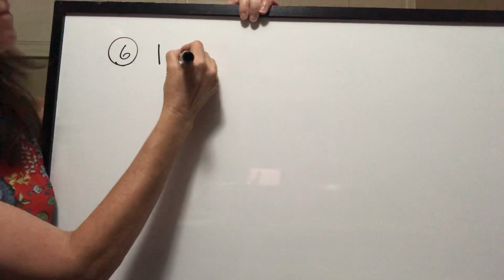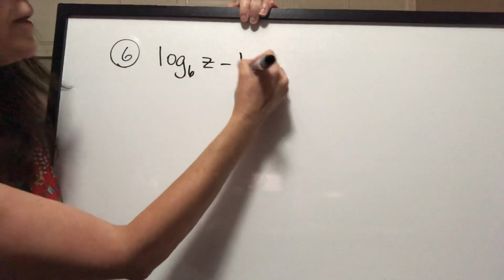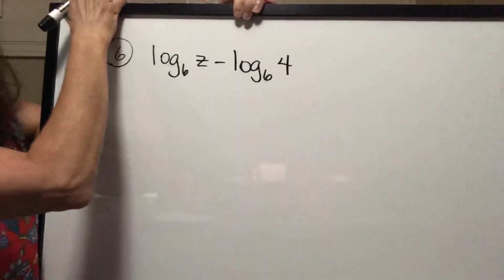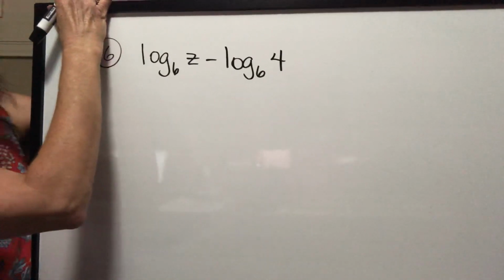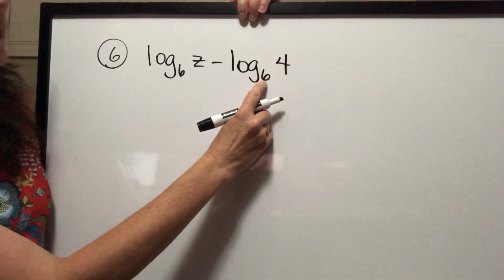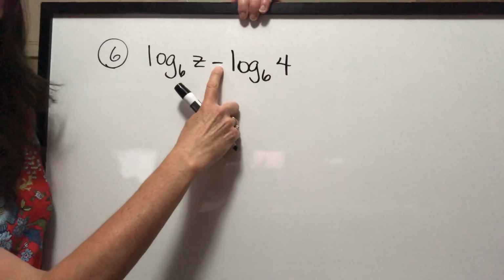Number 6, we have a logarithm with a base of 6 of z minus a logarithm with a base of 6 of 4. Okay, so this is an easy one. We only have to do one thing here. Notice they both have a log with a base of 6, so that's the same. They should be the same. And there's a subtraction sign between them.